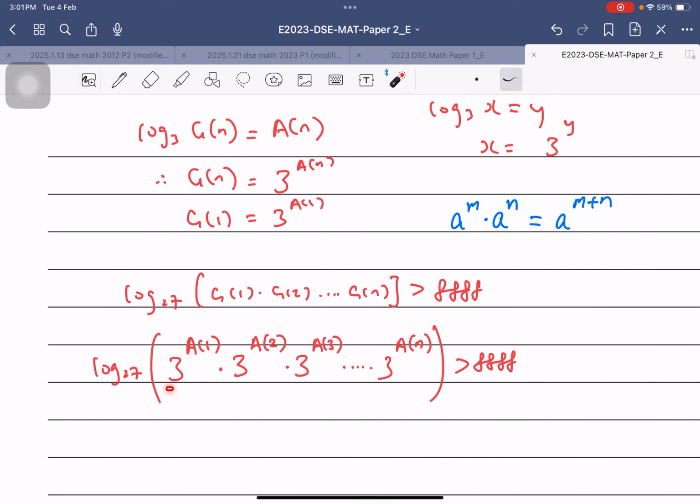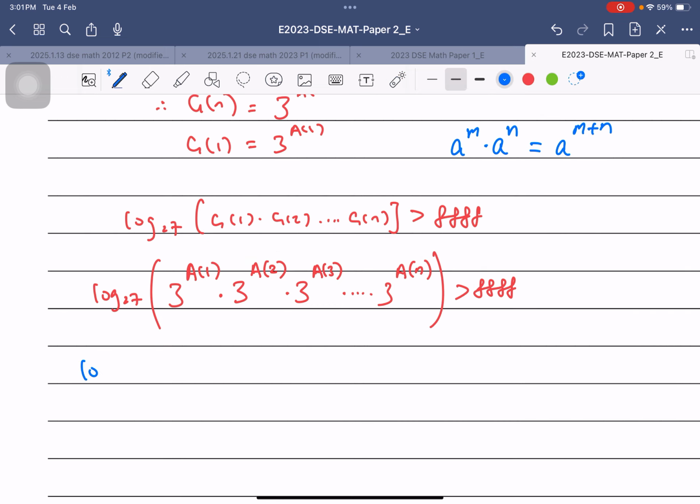Then now we have the base is the same, so that we can just add all of the powers together. So we have log 27 of 3 to the power of a1 plus a2 plus a3 plus dot dot dot plus an greater than 8888.